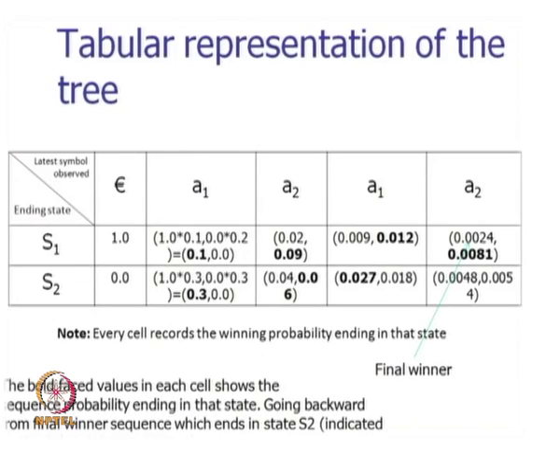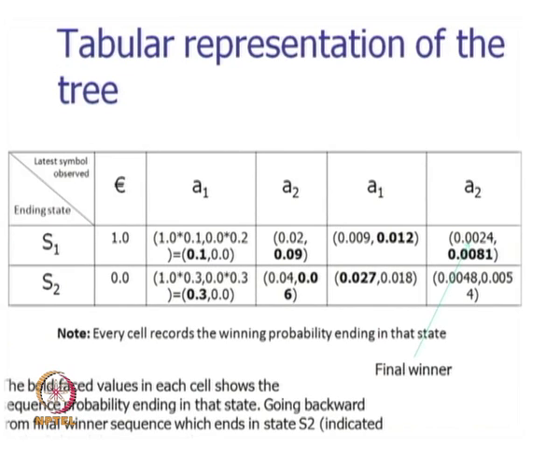Next, we show a tabular representation of the tree, which is very useful for computational implementation of the algorithm. Here is a table which is used as a data structure for the running of the Viterbi algorithm.